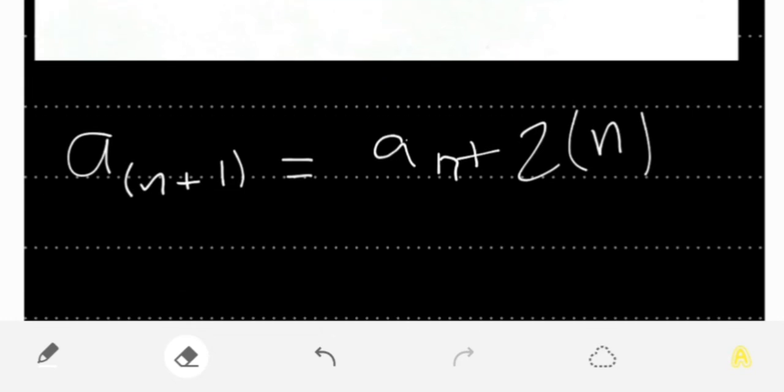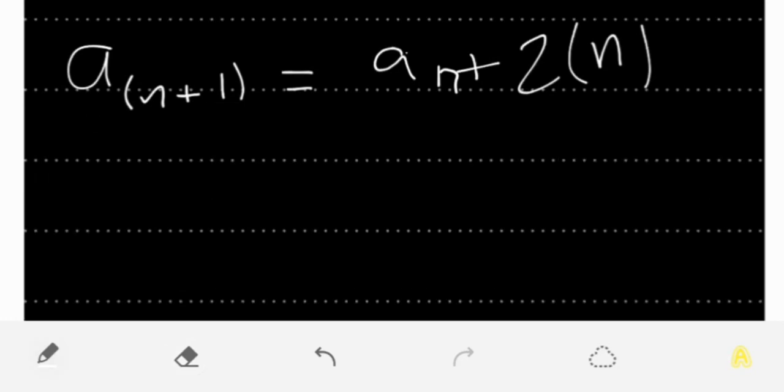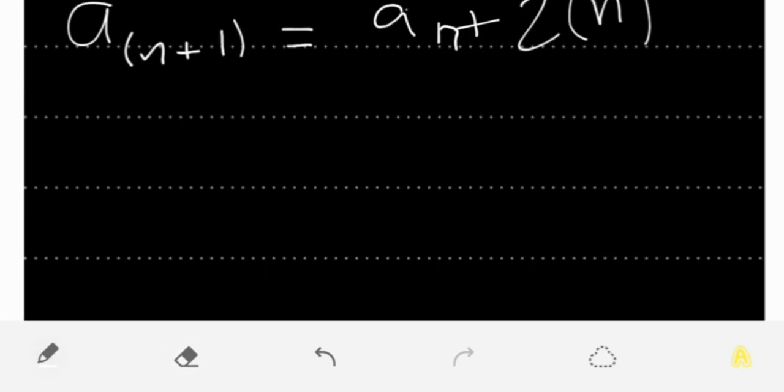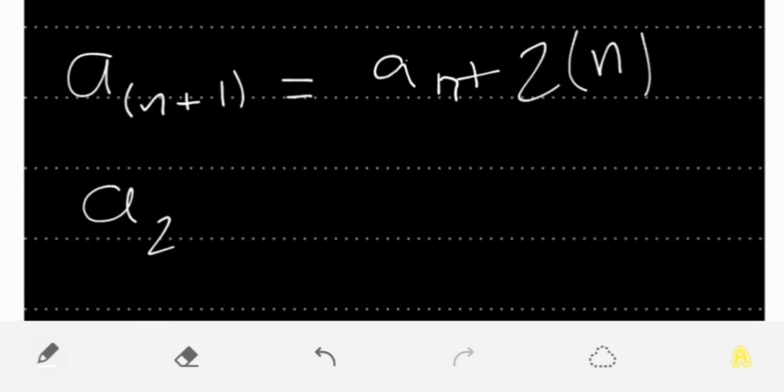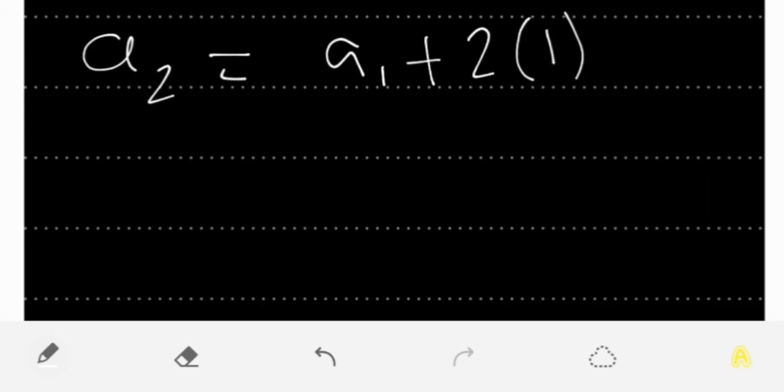Just sending this part over here to the other side, summing, okay? So let's try to find the pattern. Look, a of 1 we already know is 0, so a of 2 is equal to what? To a of 1 plus 2 multiplied by 1, okay?